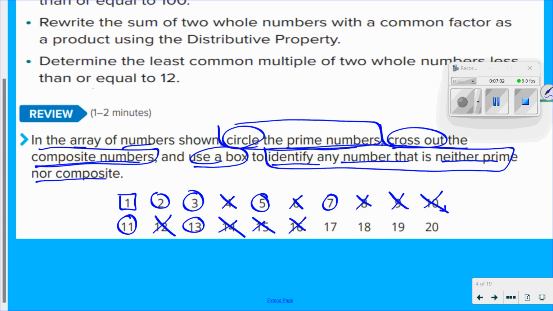What other than 1 and 17 can I do? Nothing. So that's prime. It's 1 and 17. 18. Composite. 19. Prime. 20. Dina? Composite.